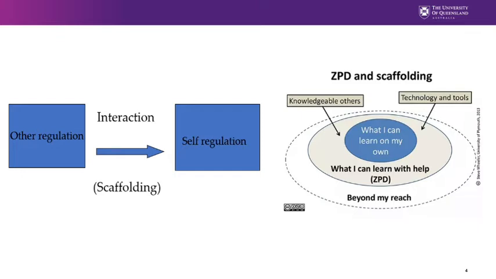It is the difference between a person's actual degree of development, as measured by their ability to solve problems on their own, and their potential level of growth, as determined by their ability to solve problems with the help of more competent peers.